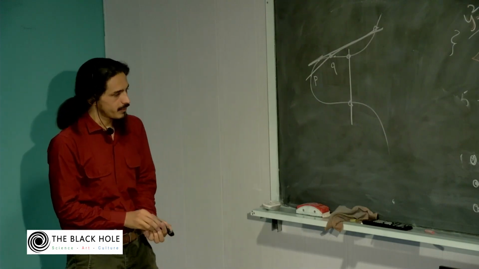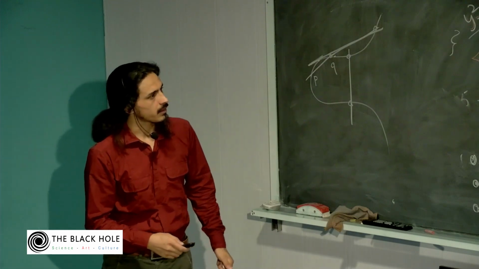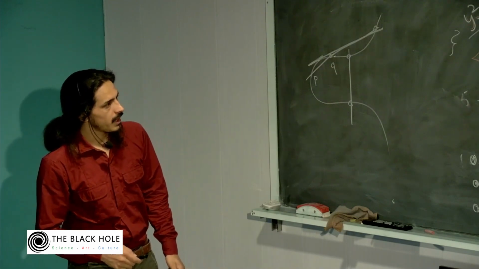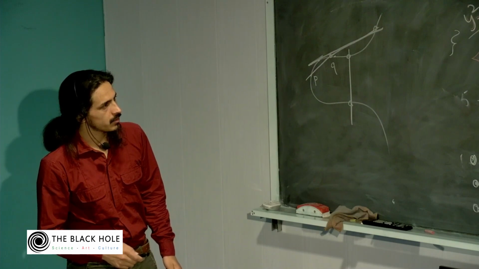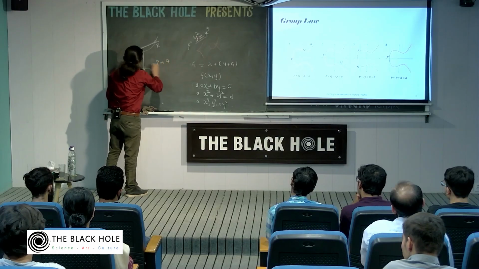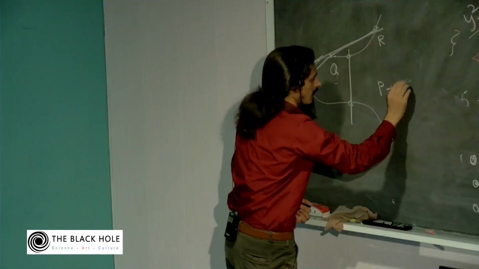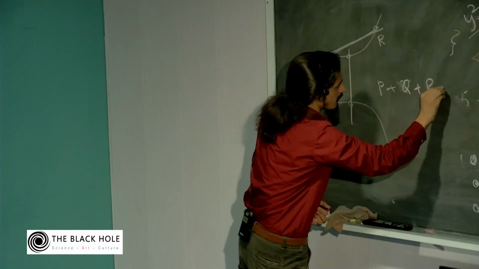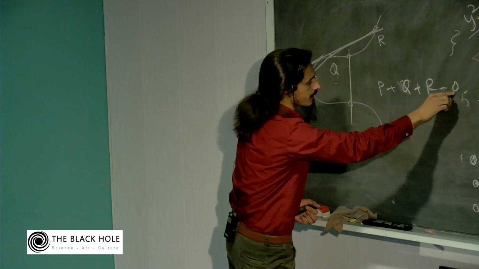So how we define the group law is, you can see in the slides, that we add P and Q, and we define that 3 points lying on this straight line will be equal to 0. So if we call this P, Q, and this will be R, the equation will be P plus Q plus R is equal to 0.